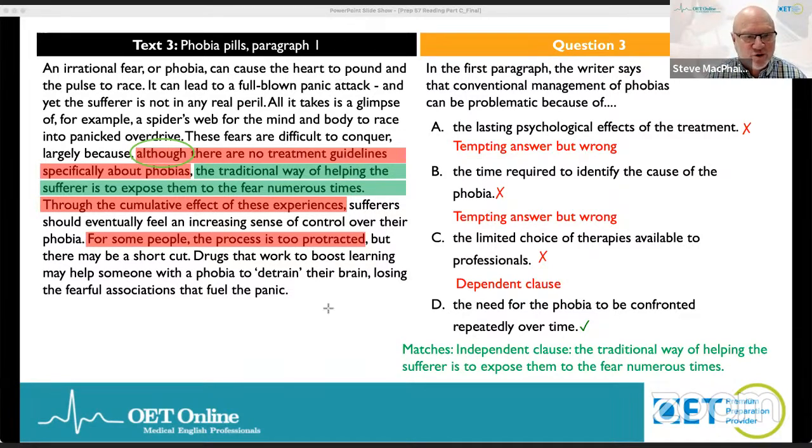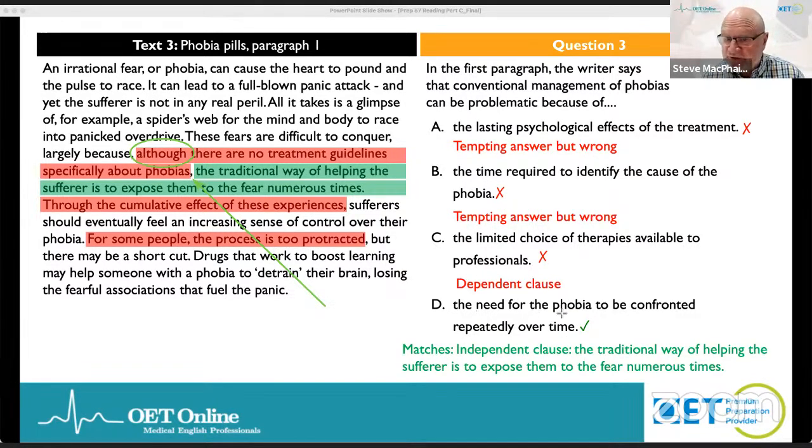So I really urge you, always pay attention to that level of sentence structure. Many answers are found in the independent clause because the independent clause represents the main idea. If you can master this strategy alone, your reading will improve. Practice this the next time you read an article.